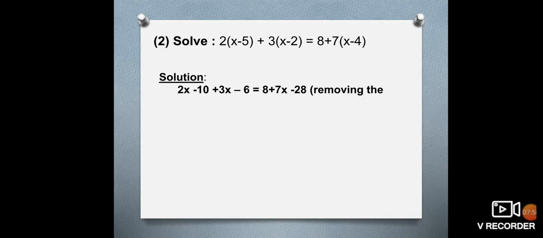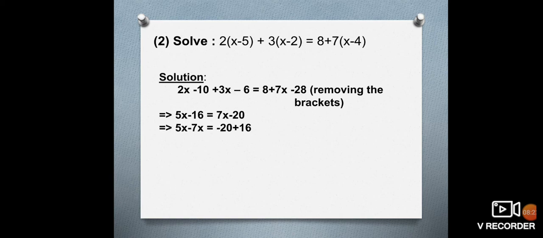Similarly at the right hand side, 8 plus 7 multiplied by x minus 4, that is 7x minus 28. Now if I solve like terms, 2x plus 3x is 5x, and minus 10 minus 6 is minus 16. And on the right hand side, 7x minus 20.